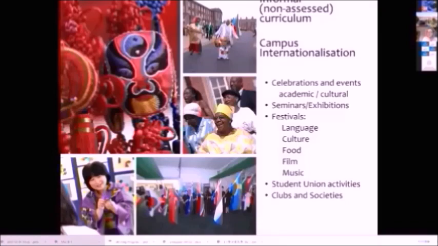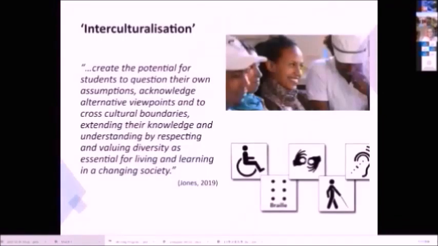So the next slide, I've used this term interculturalization rather than internationalization, because I think we need to think about how we create the potential for students to question their own assumptions, acknowledge that there are those alternative viewpoints and cross cultural boundaries, extending their knowledge and understanding by respecting and valuing diversity as essential for living and learning in a changing society.